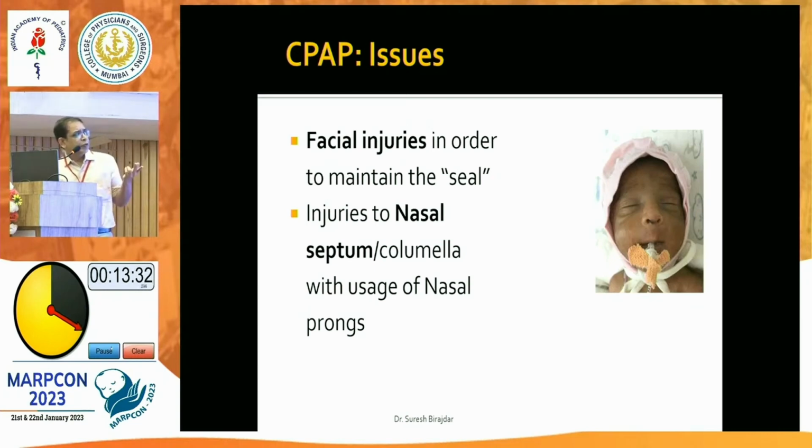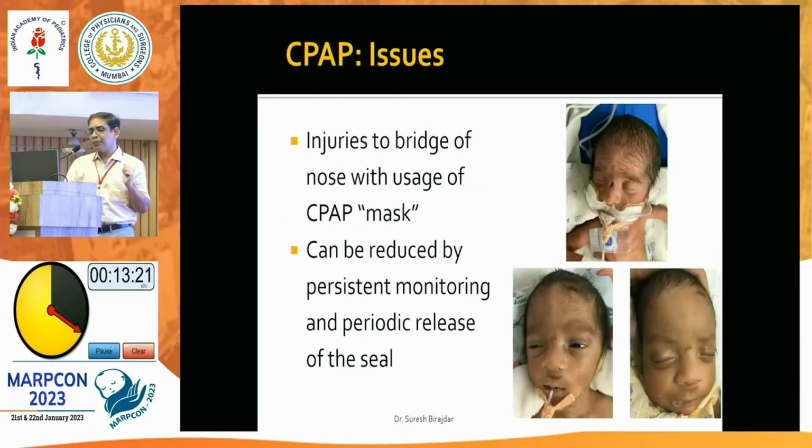As we can see, there could be facial injuries because we try to give a lot of pressure to maintain the seal, and this can cause damage to the nasal septum or columella. So instead of nasal prongs, we started using a facial mask. But the mask also comes with its own issues because the skin of an extreme preterm baby is very fragile.